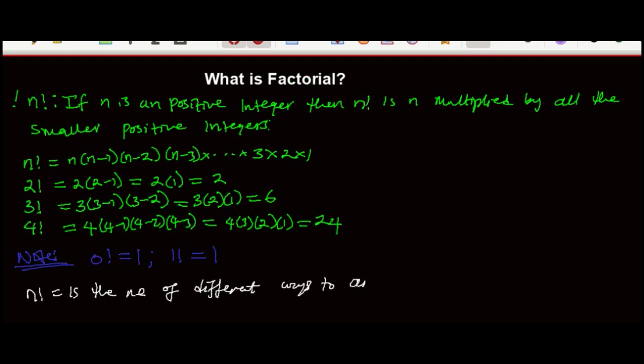So hence we are going to be looking at a particular basic example of what a factorial question looks like. And in our subsequent video, we are going to be solving more examples to illustrate what a factorial is and what it actually means when you are talking about factorial.